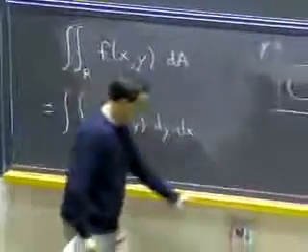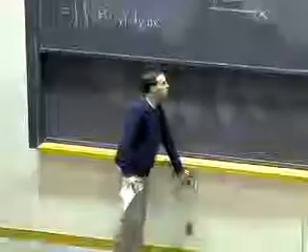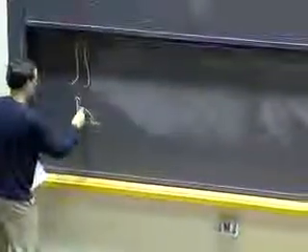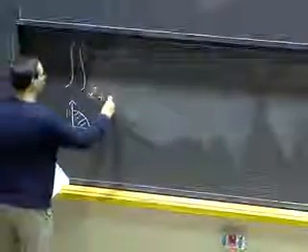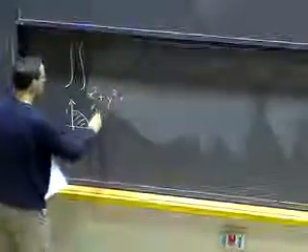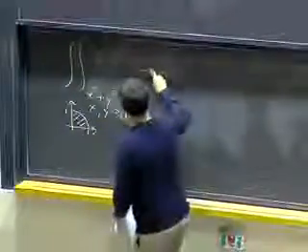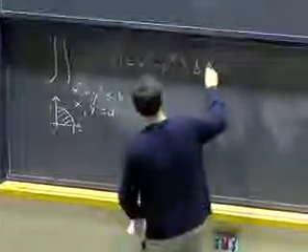One example that we did in particular was to compute the double integral over a quarter of a unit disk. That was the region where x squared plus y squared is less than 1, and x and y are positive, of 1 minus x squared minus y squared dA.